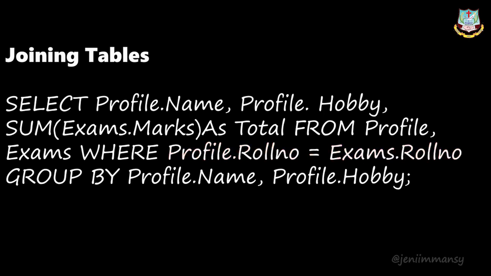Where this and this are equal, we are going to group by profile name, profile hobby. Here we have given two tables, and from these two tables, where the roll number of the profile and the roll number of the exam are equal, we are grouping by profile name, profile hobby.